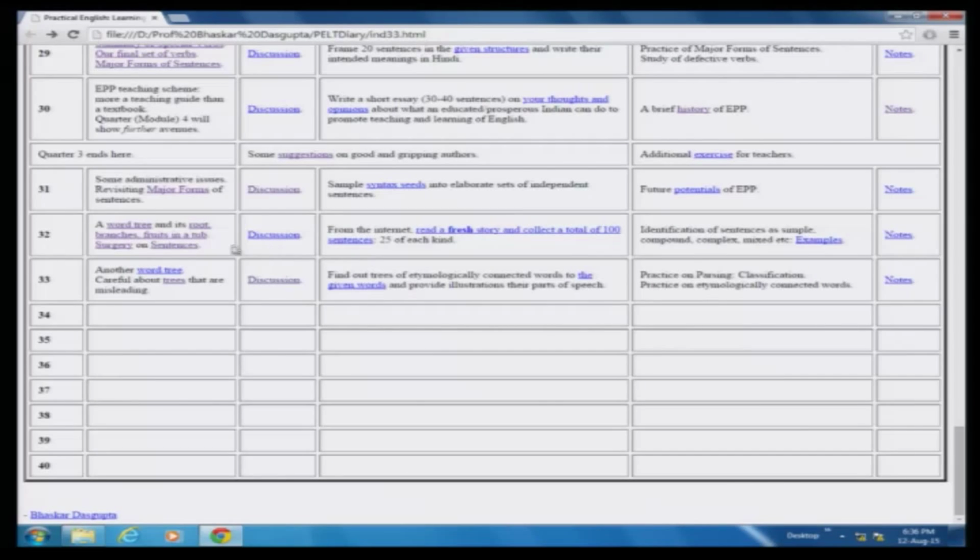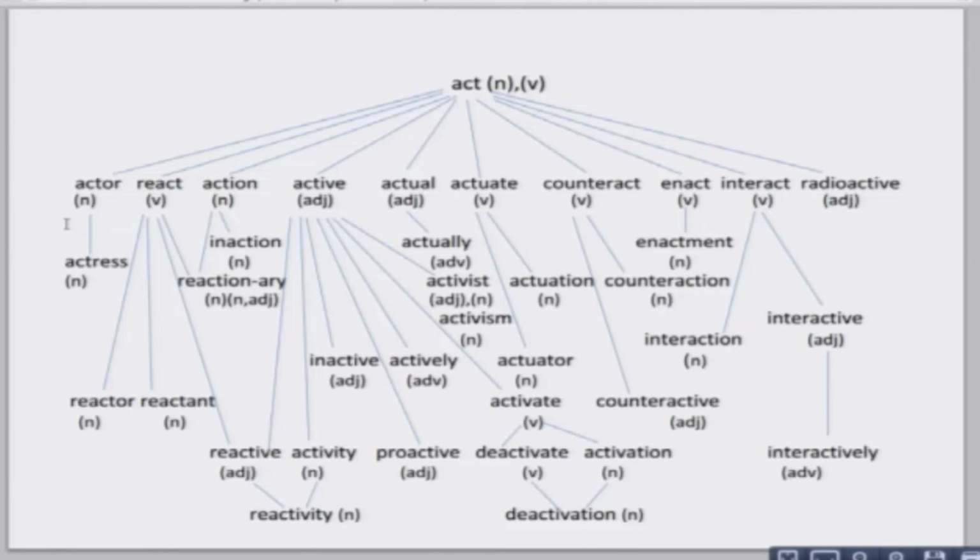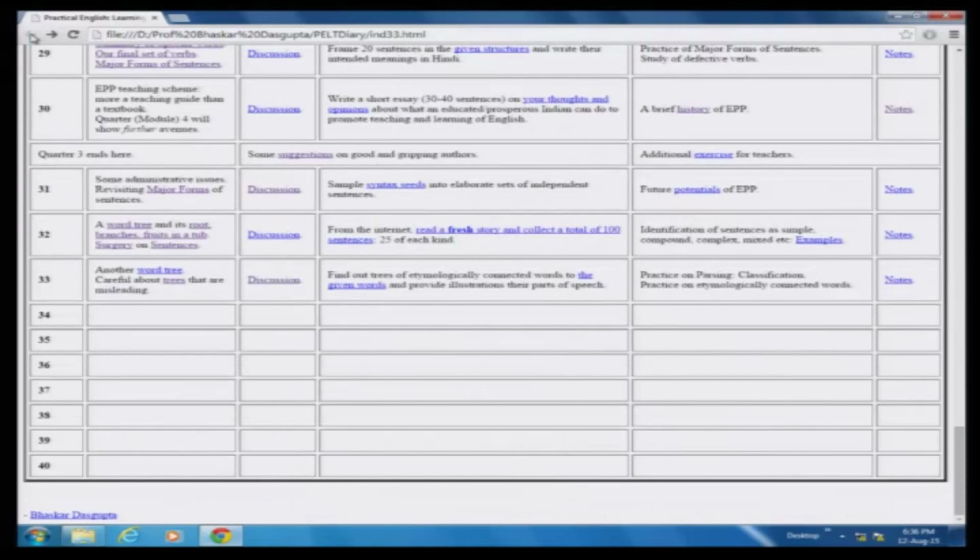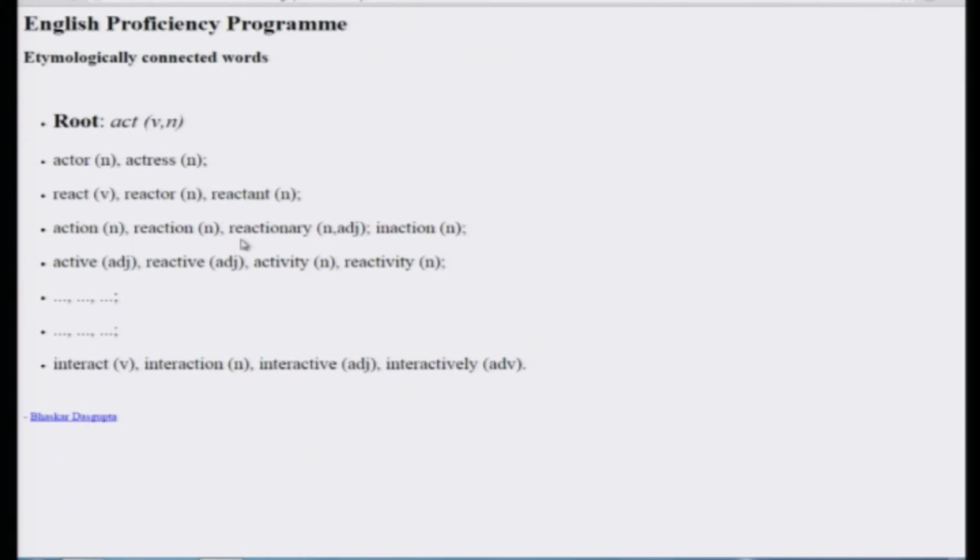I already told you that if you want to make a word tree and you do not want to spend so much labor as my team member has done in constructing this kind of thing, that is all right. You can put all the fruits in a tub and deliver that tub wherever we want it.